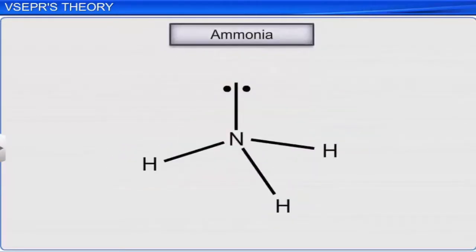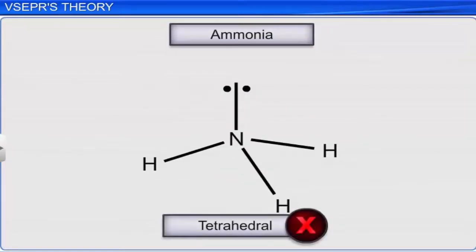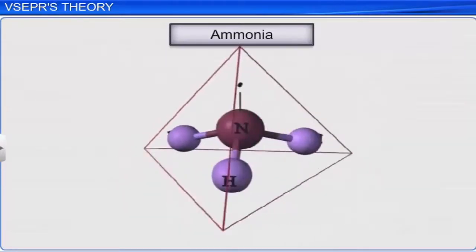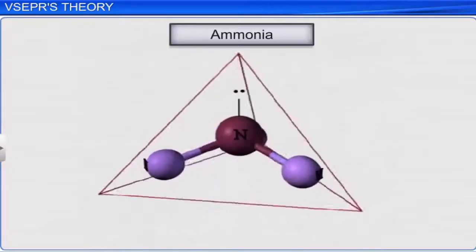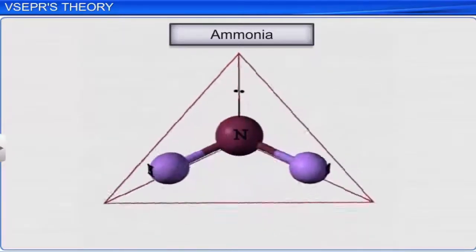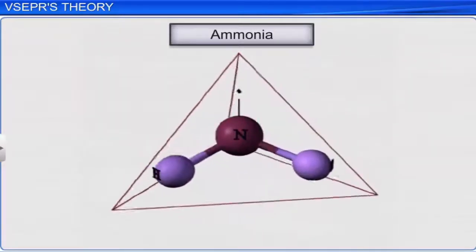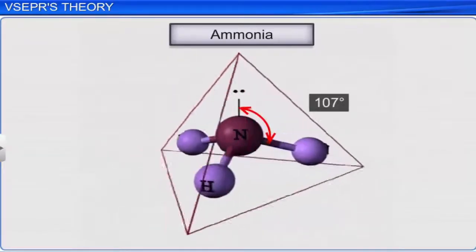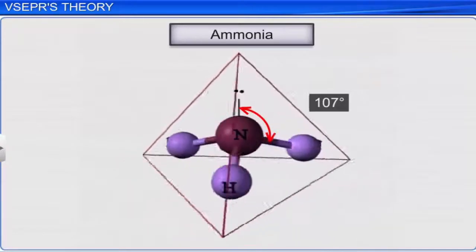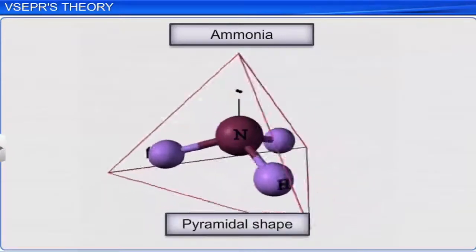The ideal geometry of a molecule with 4 pairs of electrons would be tetrahedral. However, the lone pair of electrons repels the N-H bonded electron pairs, thus reducing their bond angle to 107 degrees and giving the molecule a pyramidal shape.